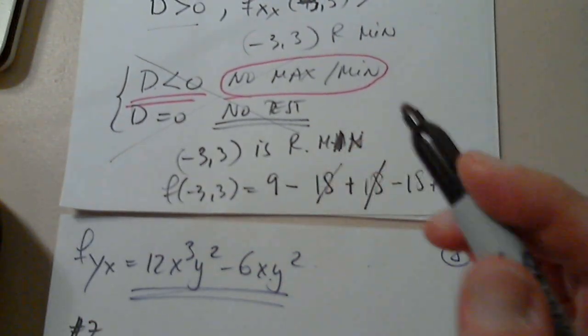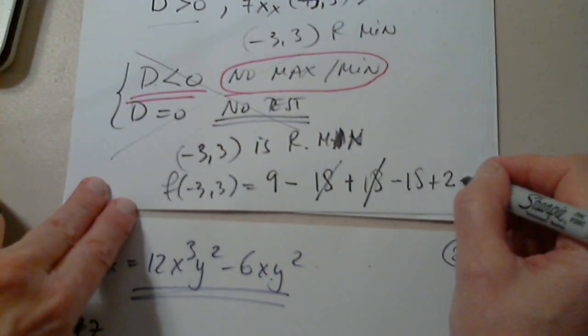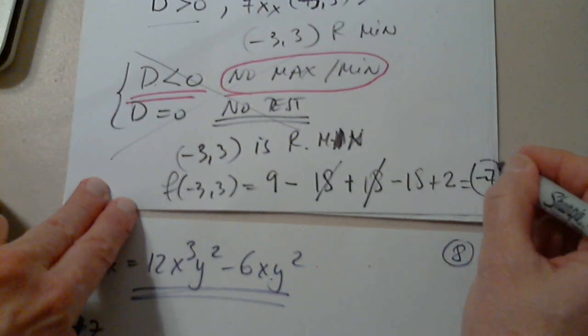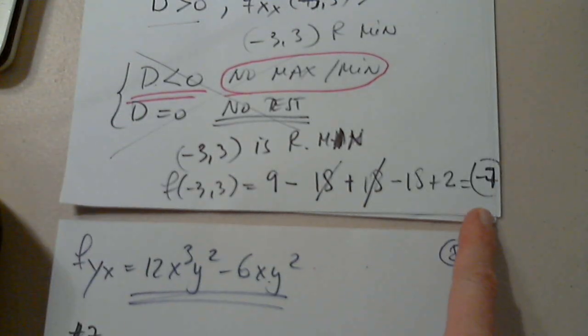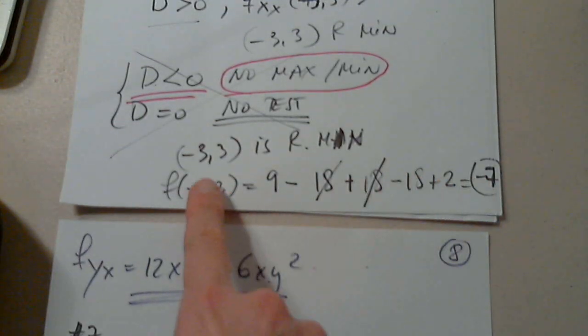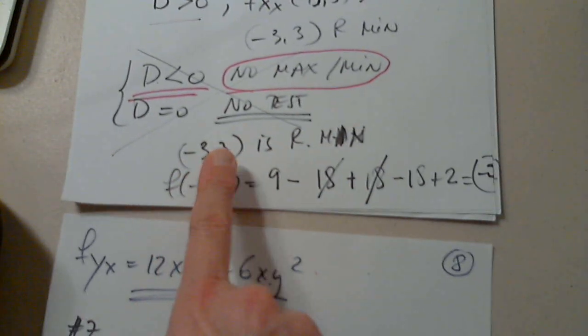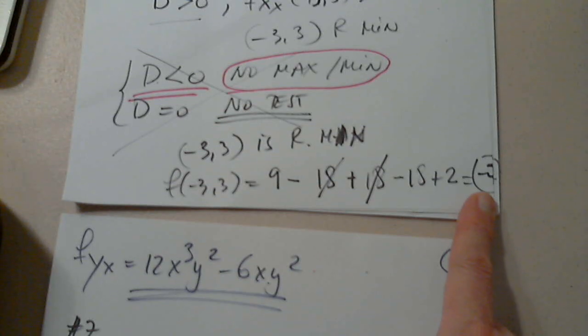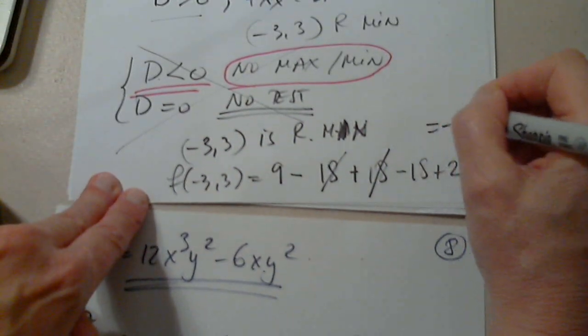These two go away. 9 plus 2 is 11. 11 minus 18 is negative 7. This is the relative minimum. It is obtained when x is negative 3 and y is 3. And the relative minimum is negative 7. So let me write it up here, negative 7.